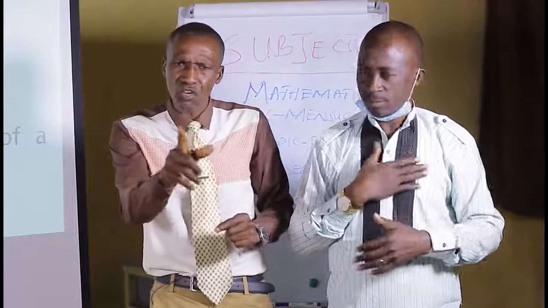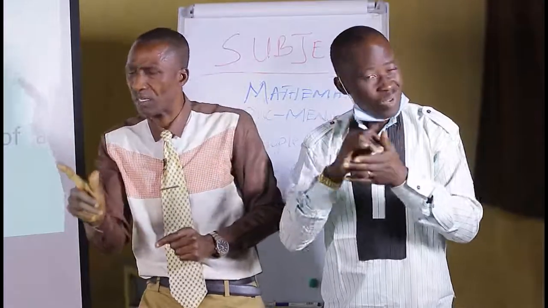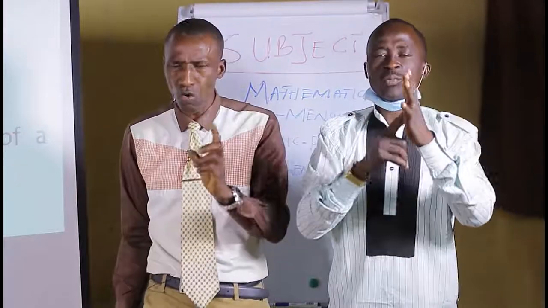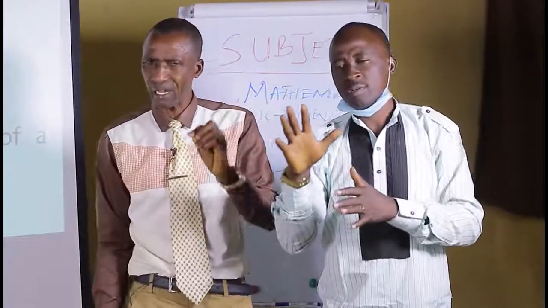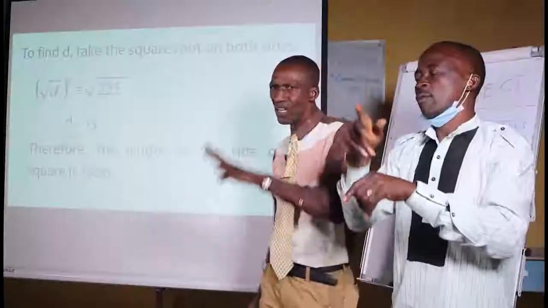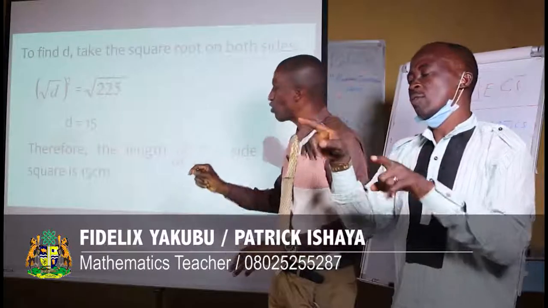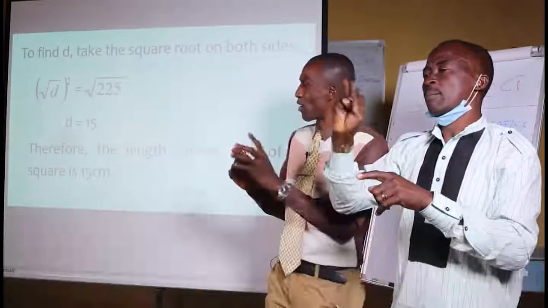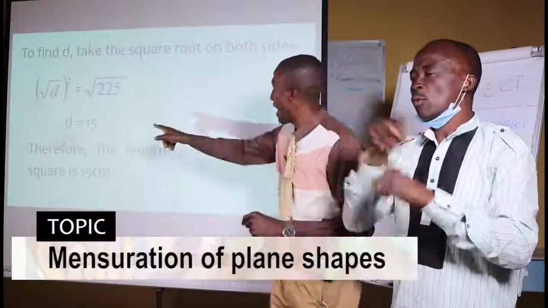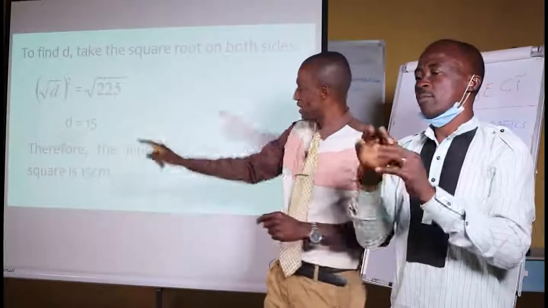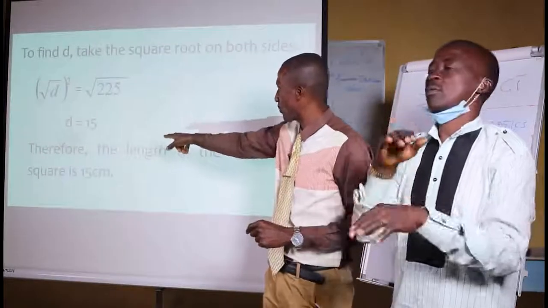Please, if you don't know that that number is 15, you can express 225 as a product of its prime factors. When you do that correctly, you will still arrive at your 15.